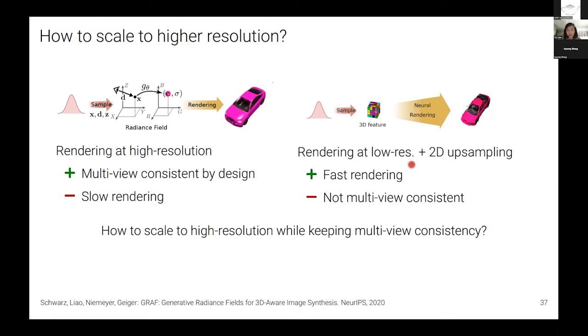Some other follow-up works render at low resolution and use a 2D upsampling network, which we call neural rendering, to upscale the image to high resolution. This has fast rendering and high image fidelity. However, it may not be 3D consistent anymore because the neural rendering may not follow the 3D consistency. So we want to ask how to scale to high resolution while keeping multi-view consistency.